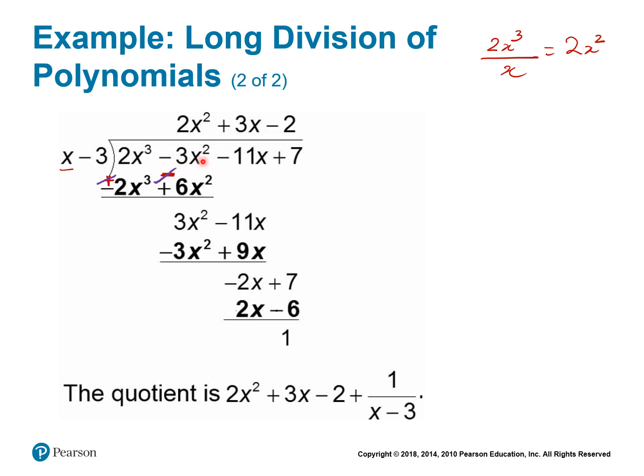But minus 3x squared plus 6x squared, 6 minus 3 is 3, so they have 3x squared, and then they bring down the minus 11x, the third term of the dividend, and now our new dividend is 3x squared minus 11x at this level. And we start the process again.